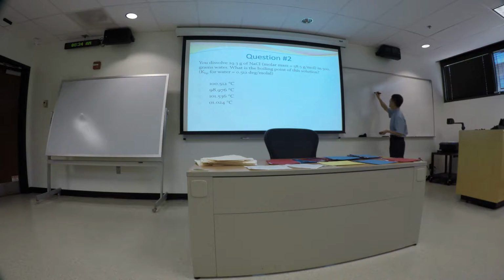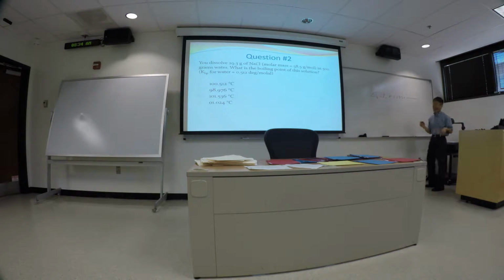So delta TB, the boiling point temperature change, equals KB times the molality. KB is a constant given there, and that's 0.512, times the molality. Well, how do we define molality? Moles of solute per kilogram of solvent. We have 500 grams of water, so that's 0.500 kilogram of water.